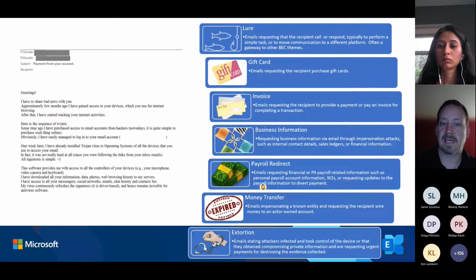The last major category is around extortion. The most prevalent of these is more spam oriented, but aligns with the industry standard around tracking these types of attacks, where largely they feel like they have some control or some blackmail type of leverage over the person receiving the mail, and they make threats and try to get you to wire money to them.